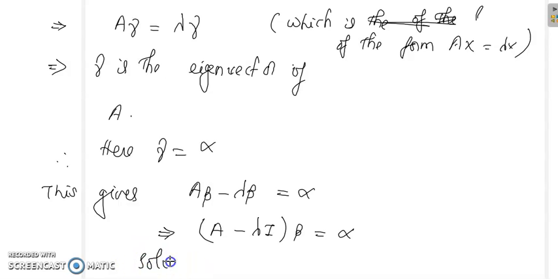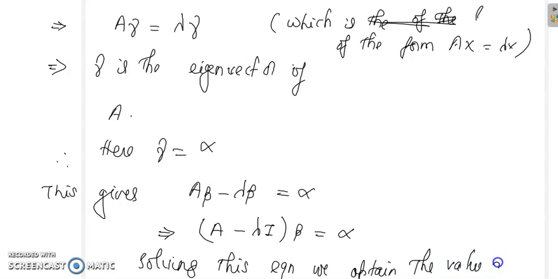Solving this equation, we obtain the value of beta. So hence you will get your two solutions.